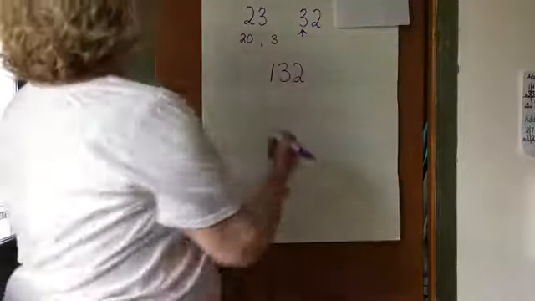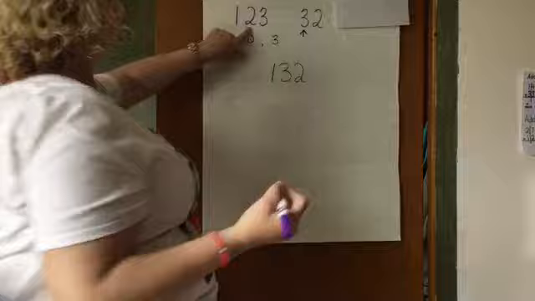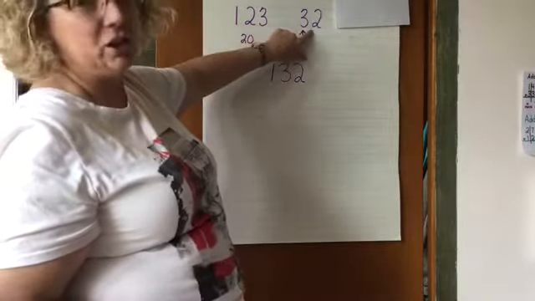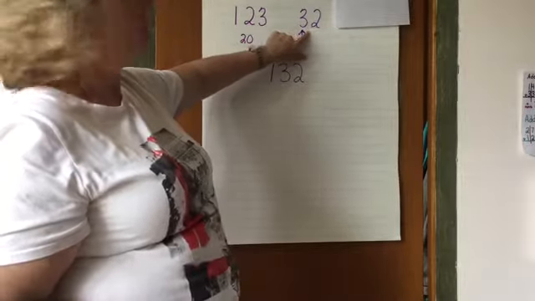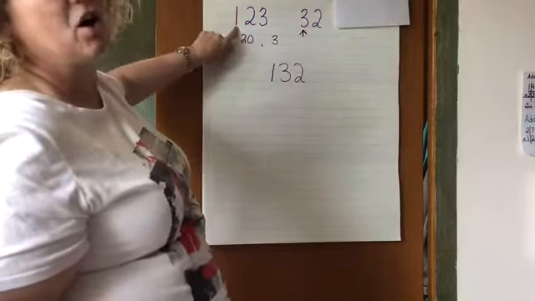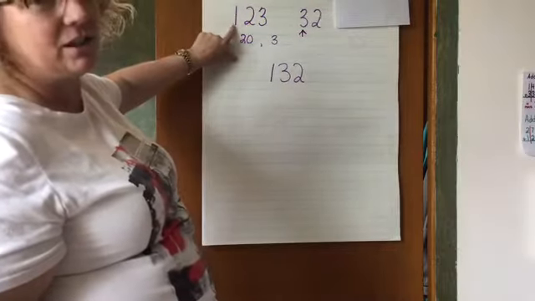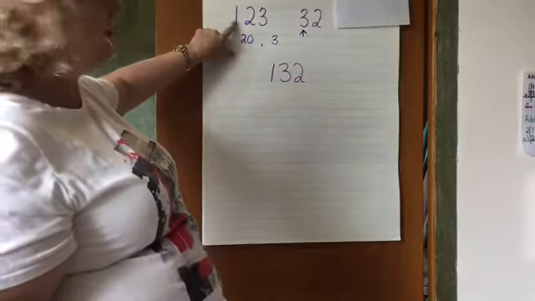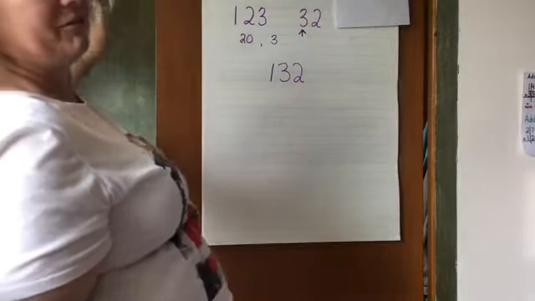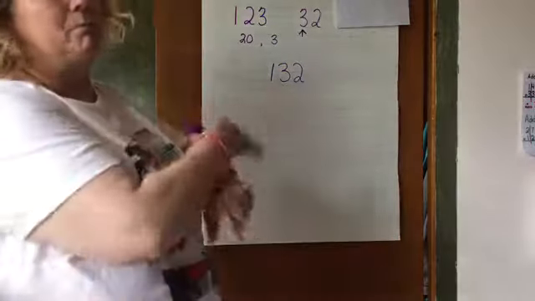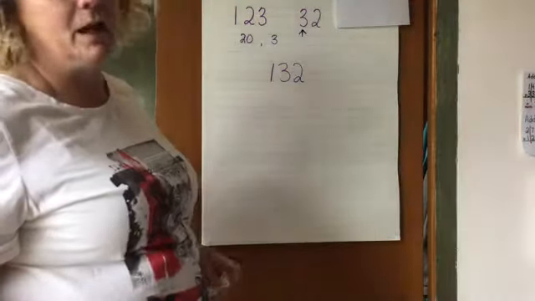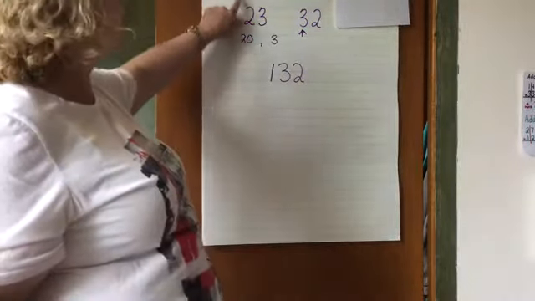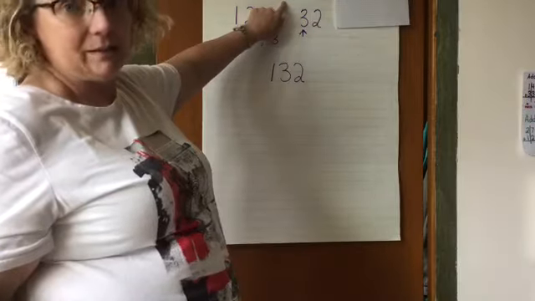And 123 is a way better number than 32 if we're talking about bank accounts, because now we've even got hundreds. As soon as there's a digit, a number in that place, it's worth more. And numbers get bigger to the left. We can do big, big, big, big numbers. And it doesn't matter. As long as you know what its place is worth. What its place value is.